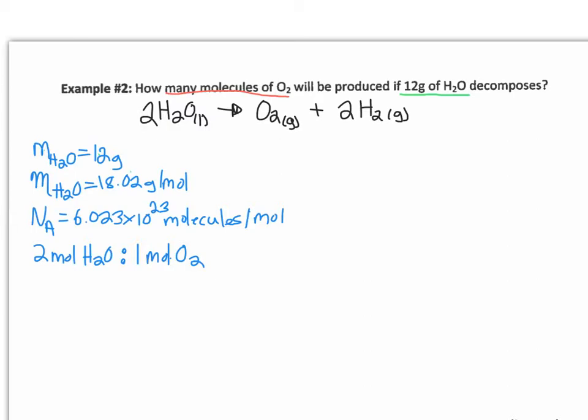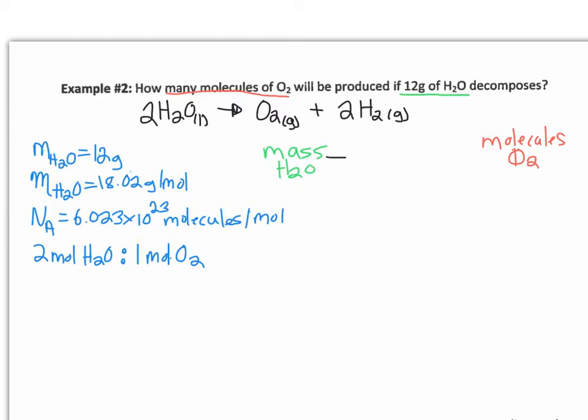It is asking you for molecules of oxygen, so you know that the very last thing in your strategy line is molecules of oxygen. It has given you the mass of water, so over here you have mass of water.